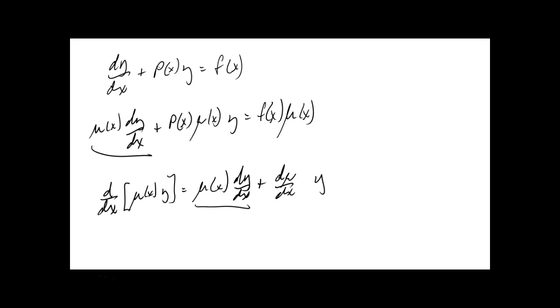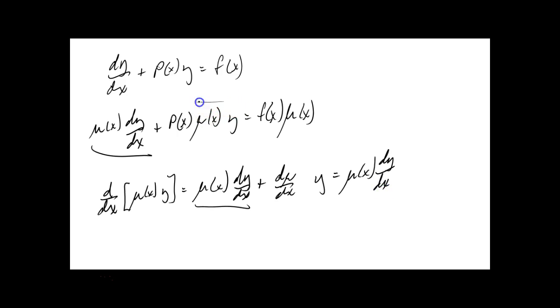And if you say, since this form is the same, let's write it down again. Mu of x dy dx.